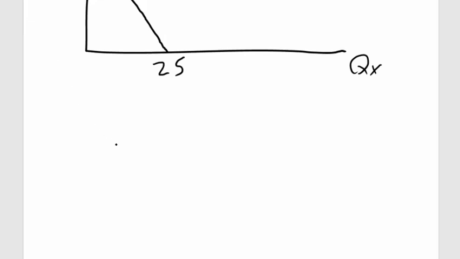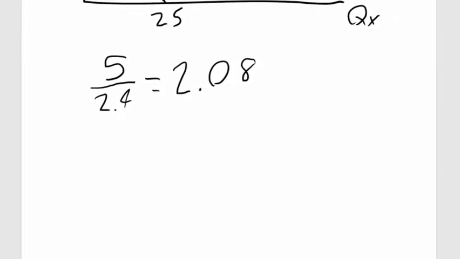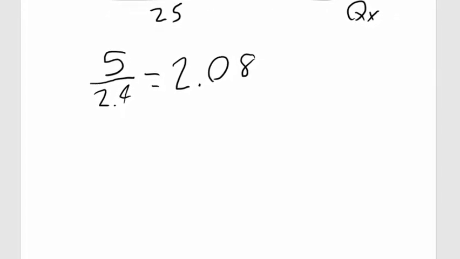So first off, we want to figure out where the shift occurs. So we want to figure out how much good X do we have to buy in order to get the coupon to work. So if we spend $5 of good X and the price is $2.04, we would have to buy 2.08 of good X. We also want to figure out what our new maximum amount of good X we can buy is.